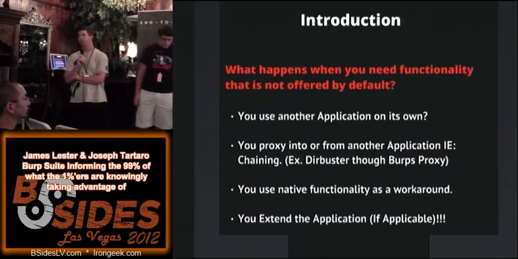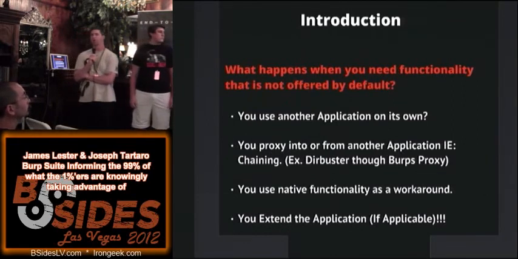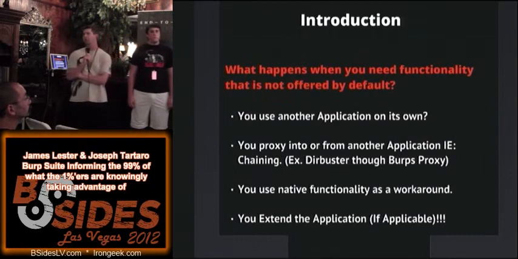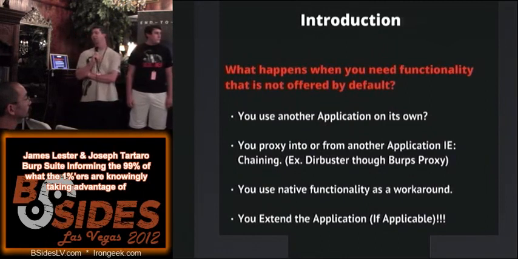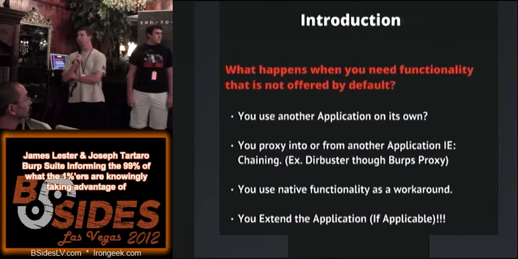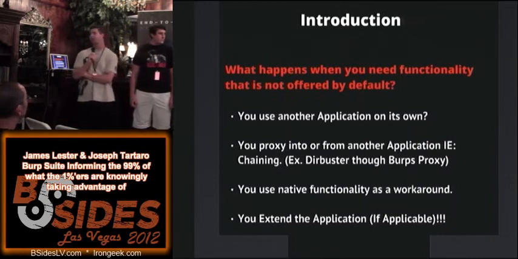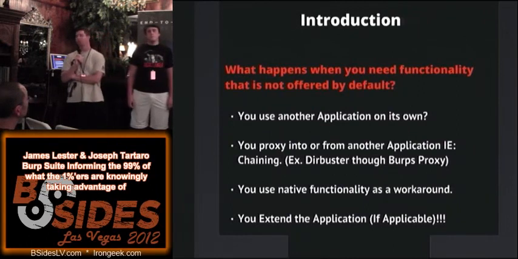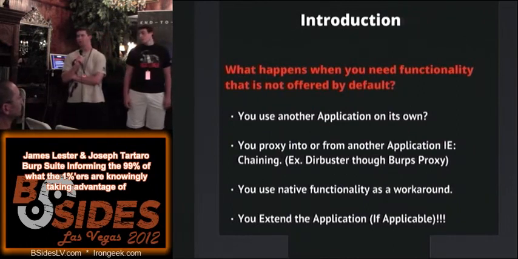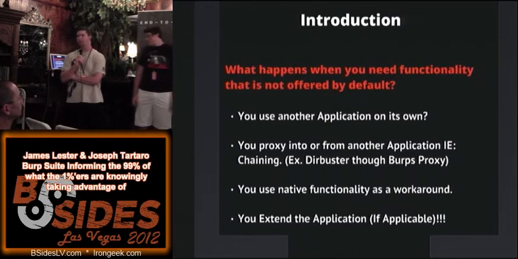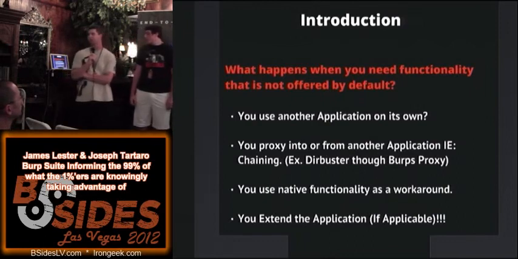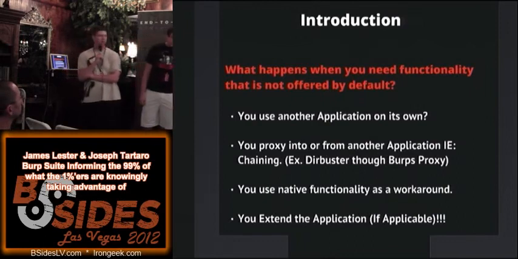One is you go run to another application that will probably provide the functionality you're looking for, or some way to get around it. You can also use a tool and chain it through Burp Proxy so that it's all intercepted and in your target window. And then you can still use Burp Pro to review your responses and do any other type of work with repeater, et cetera, after you have all that information populated.